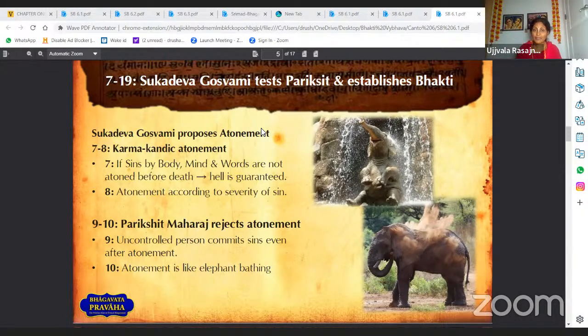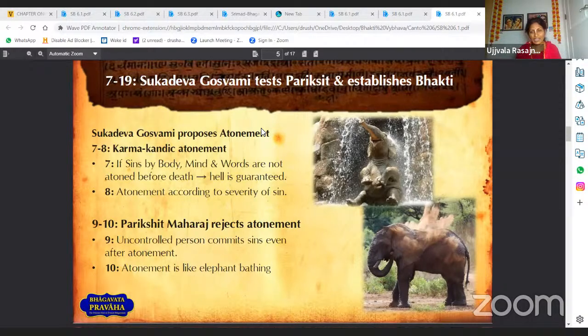In the same way, Parikshit Maharaj is saying, is this really an atonement? Is there any repentance at all, only to go back and commit the sin again? No, this doesn't look like a sound deal. There is still a risk of that person going to hell. So please, Guruvarya, give me a better answer.